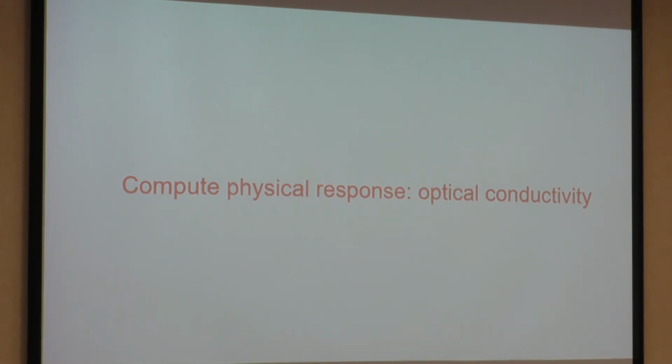This was Dyson's equation. If we want to calculate the optical response, we have to solve the so-called Bethe-Salpeter equation, and that is so hard that we didn't even try. Even the Dyson equation was rather difficult to solve. So we didn't dare to try to calculate the optical conductivity.